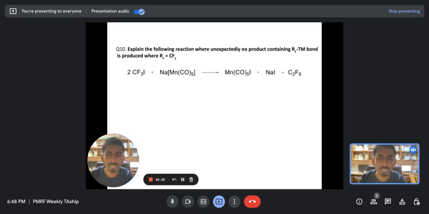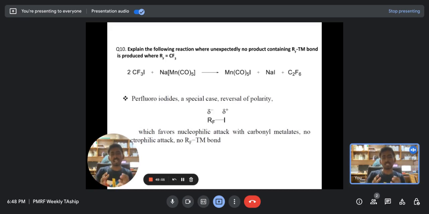The reaction is depicted as 2 CF3I being treated with NaMn(CO)5, producing Mn(CO)5I with sodium iodide, and hexafluoroethane is one of the products. So how is this reaction justified, and why is there no compound containing an RF-TM bond?